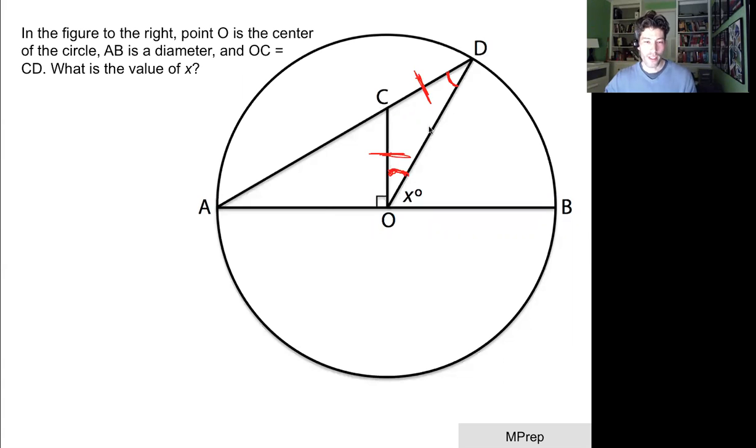What Andre is saying is that OD is a radius of the circle, and so is AO, which means that AOD is also an isosceles triangle, which means that this angle over here on the left that I'm drawing is congruent to the other ones that I've drawn.